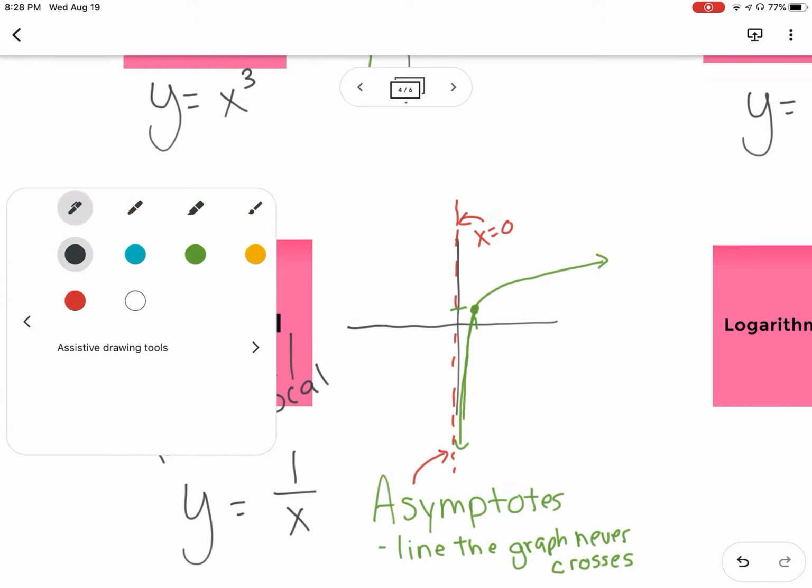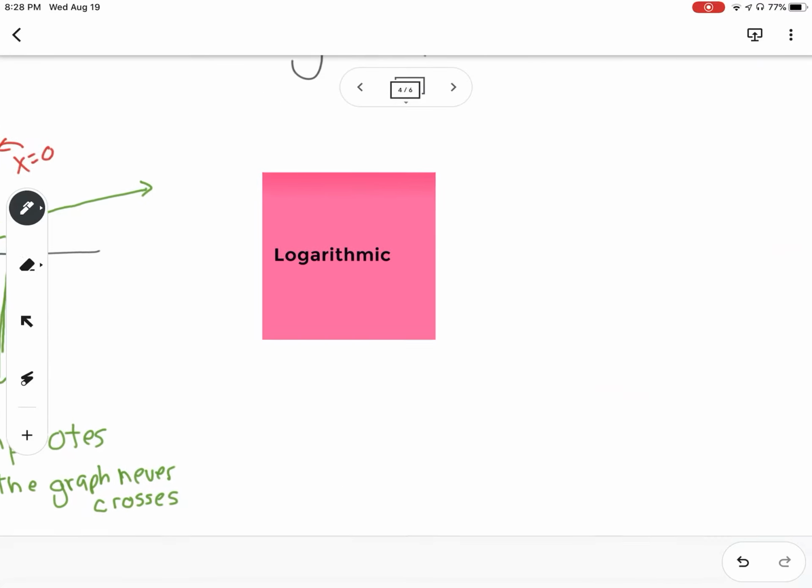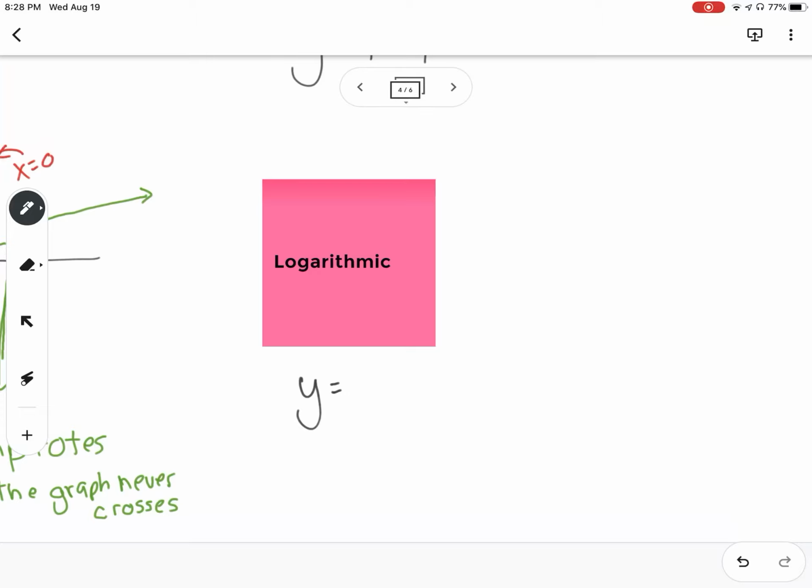Next, we have logarithmic. This is when we have y equals log of x. For our graph here, I'm going to do this. And again over here.